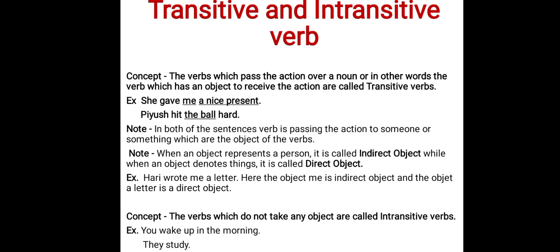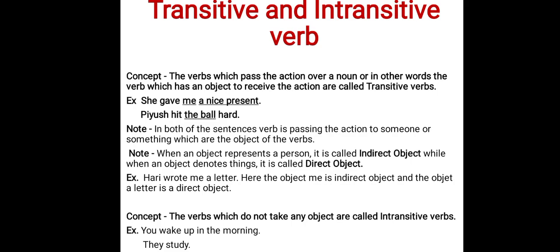Now there is further classification of object. When an object represents a person, it is called indirect object. In the first example you can see, she gave me a nice present. Me and a nice present both are objects, and me represents a person, so that is the indirect object.